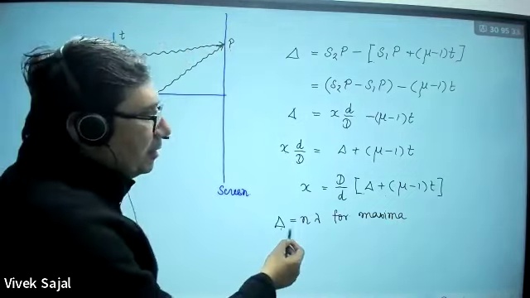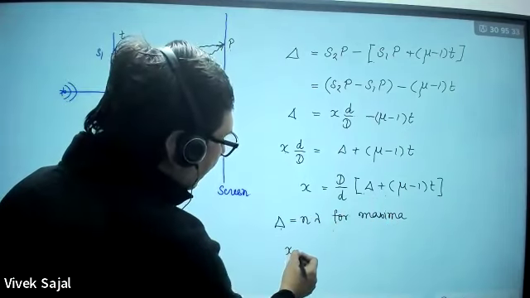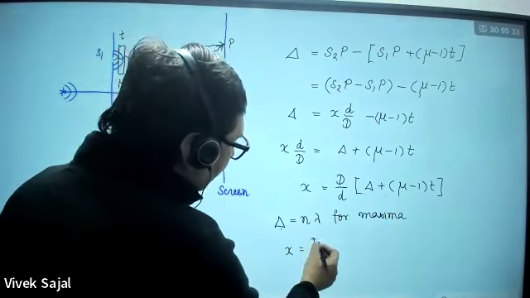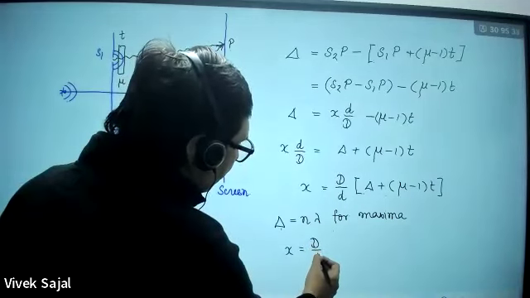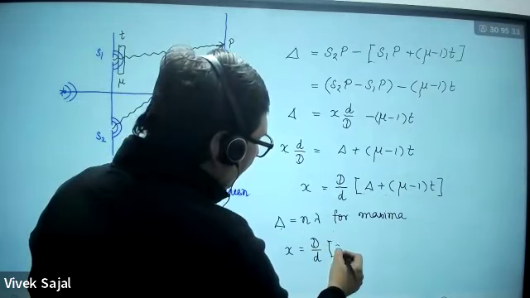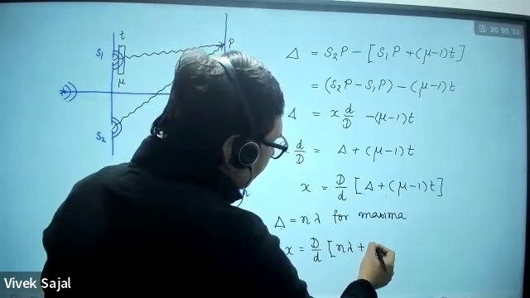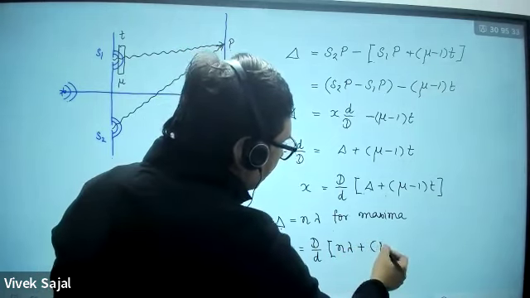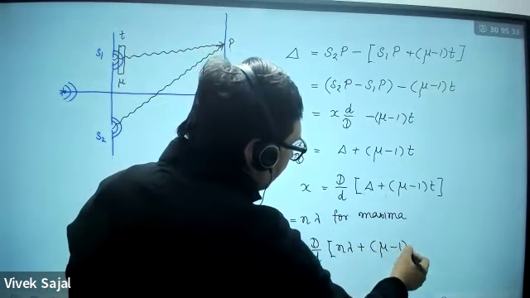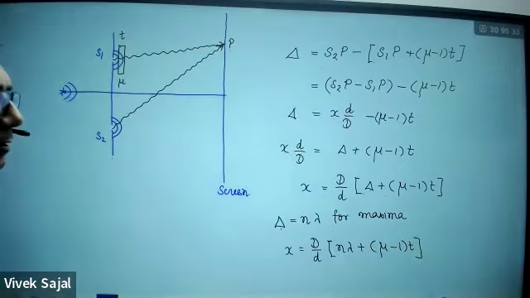So for maxima, substitute this delta here. So x will be capital D upon small d, times n lambda plus mu minus 1 into T.